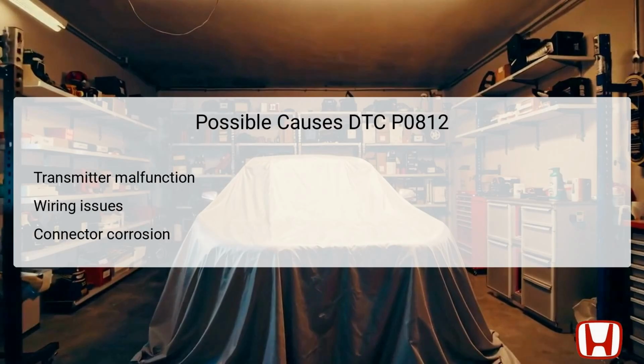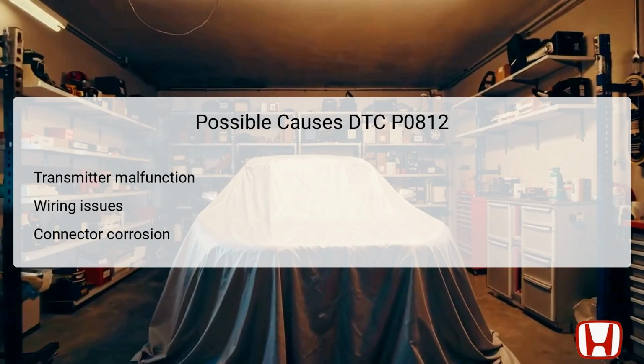The possible causes for the DTC P0812 include several factors that can disrupt normal operation. Firstly, a malfunction of the transmission range switch itself can prevent accurate readings from being sent to the PCM. This could involve internal switch failures or wear over time.